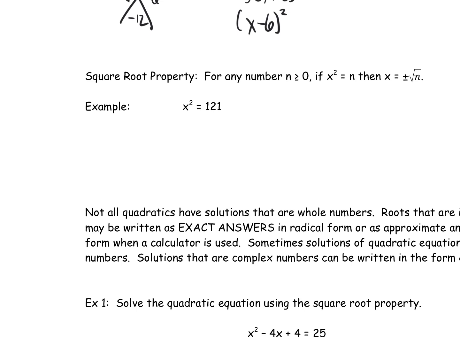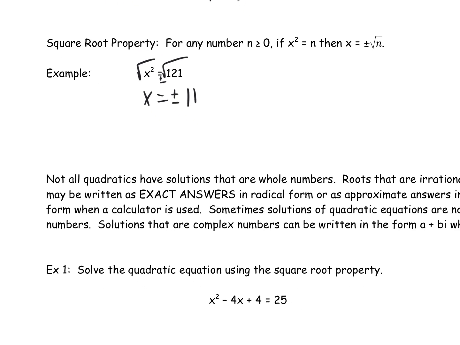So x squared equals 121. I can take the square root of both sides, but because I'm the one deciding to take the square root, I have to take the positive and the negative square root of 121. So that means that x is going to be equal to positive and negative 11. A simple way to solve those.